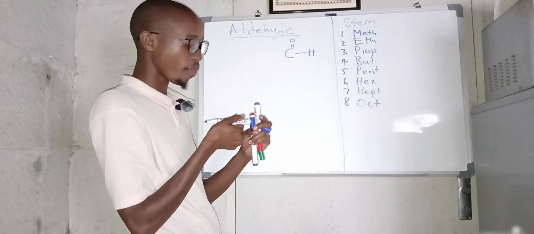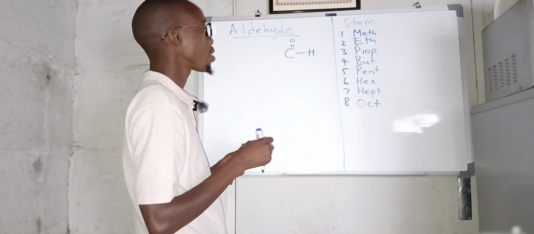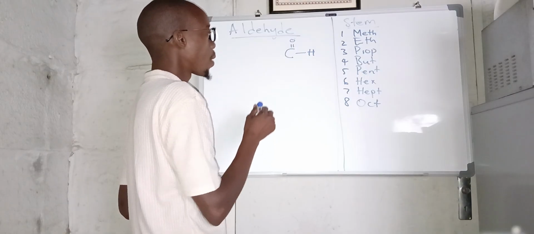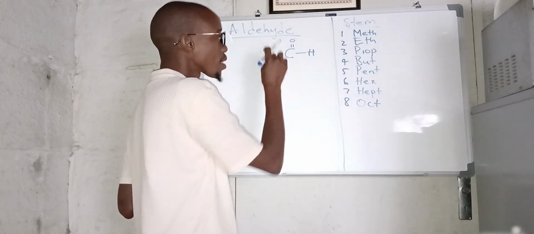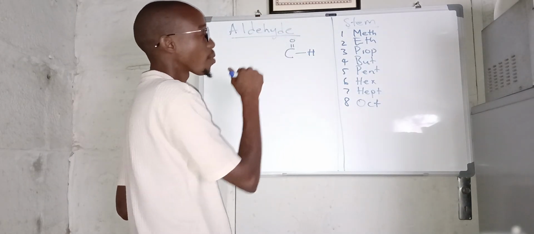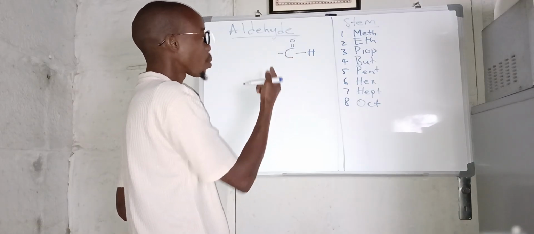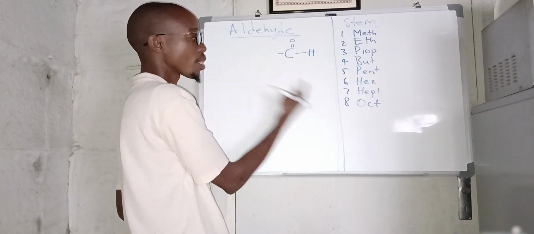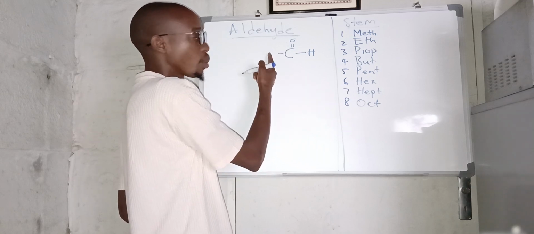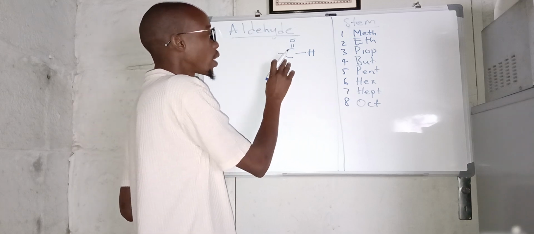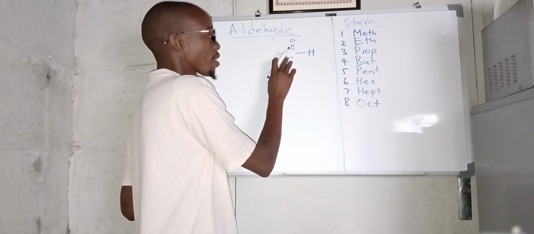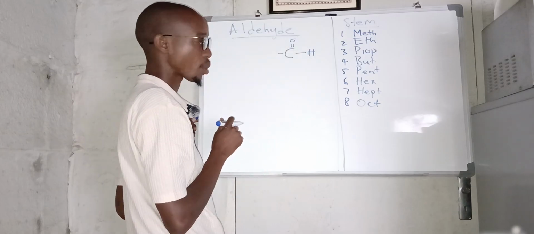The functional group of aldehyde is always and always on the first carbon. So this is a representation of the functional group of aldehyde. We can put as many carbons as we want up to 8, or we can just put a hydrogen, so long as it's only on the first carbon and then closed by a hydrogen.